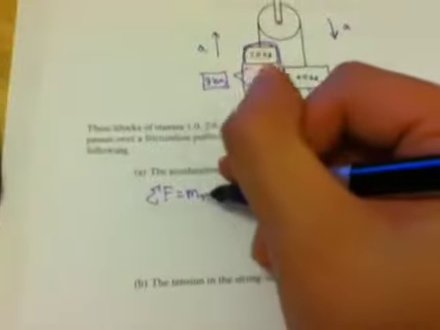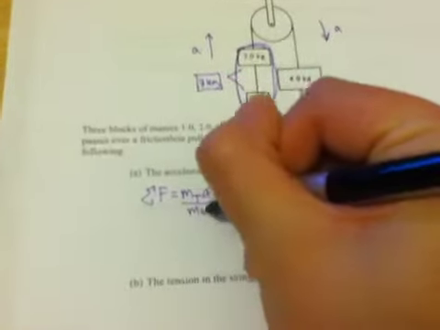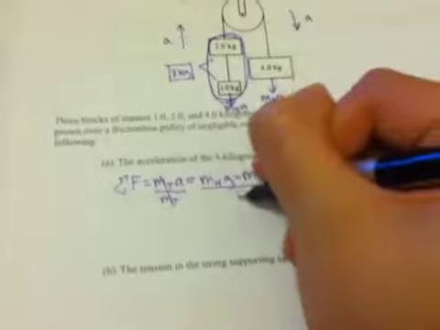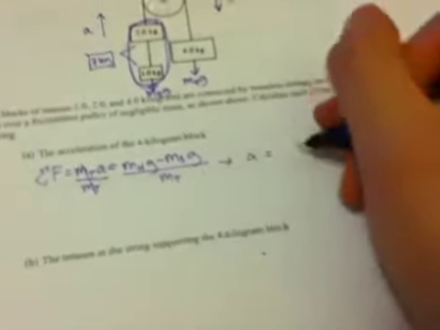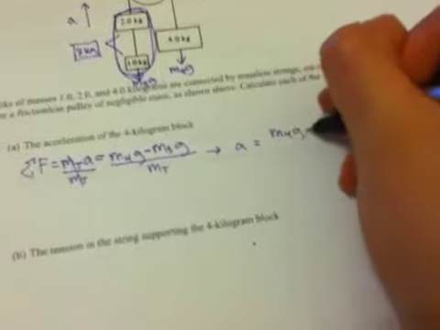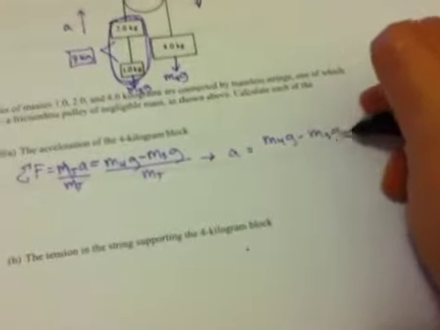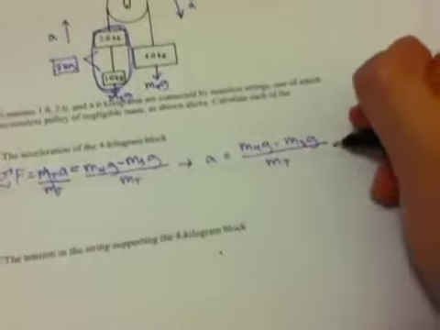Now we're trying to find our acceleration, so we need to divide both sides by m total. So let's do that. Our acceleration is going to be equal to m4g minus m3g, all divided by our total mass. Now we need to plug all of our stuff in.